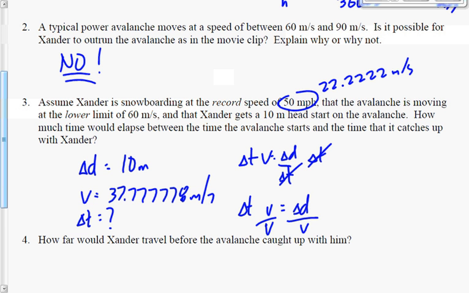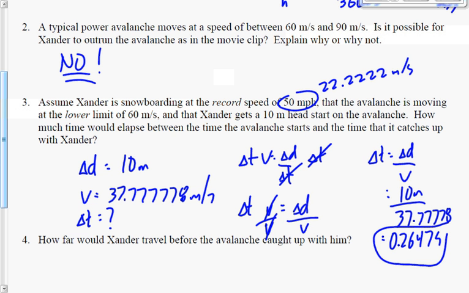V's cancel there, and I'm left with t is equal to delta d over v. The distance traveled here is 10 meters. We divide that by 37.77778, and we get a total time here of 0.2647 seconds.